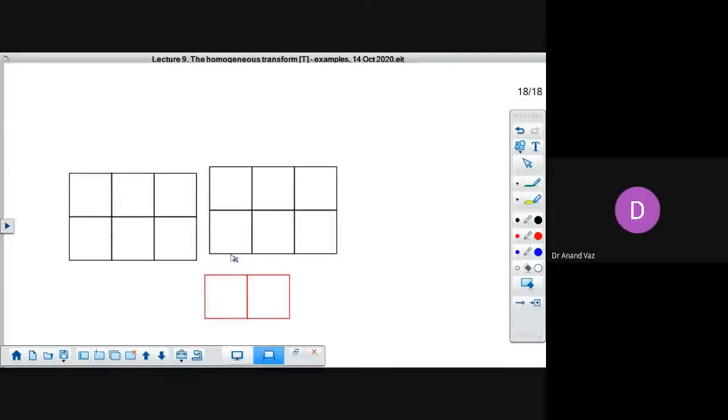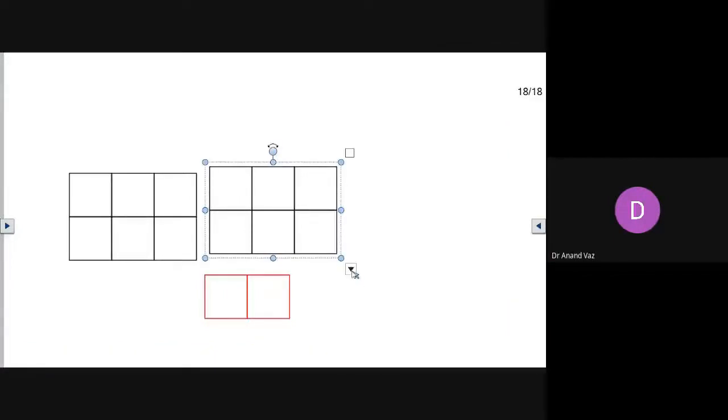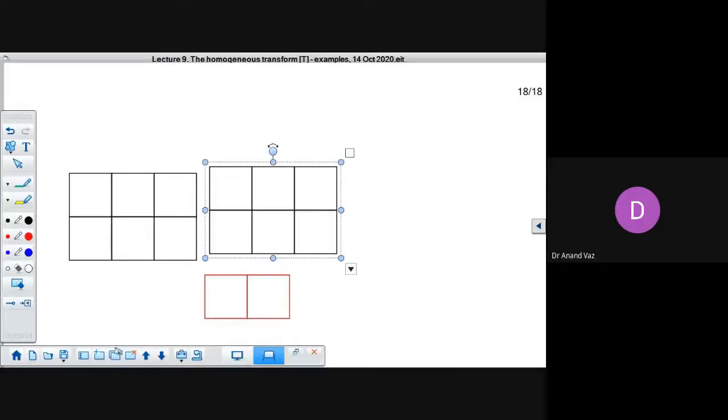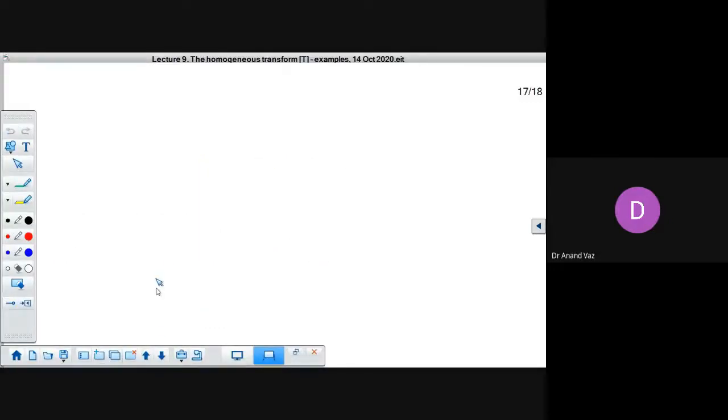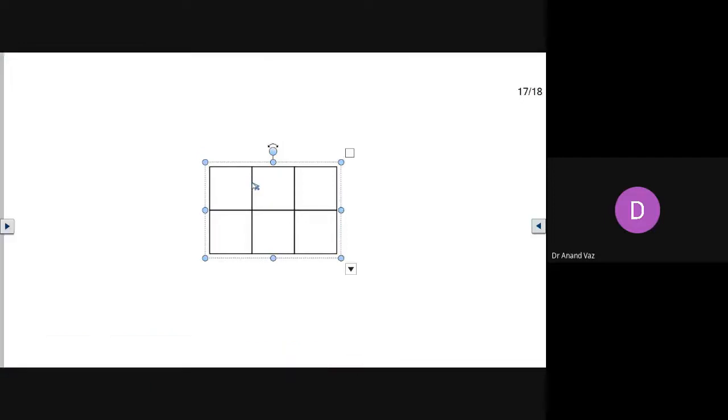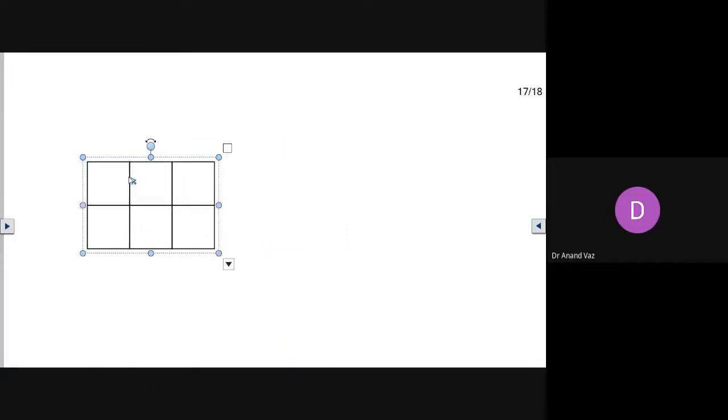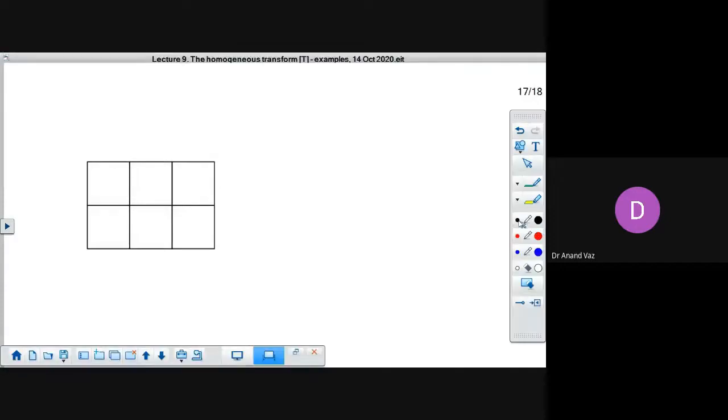So let's take this box, and I'll just construct a reference frame. So we have a frame here, and we have the origin of this frame here.